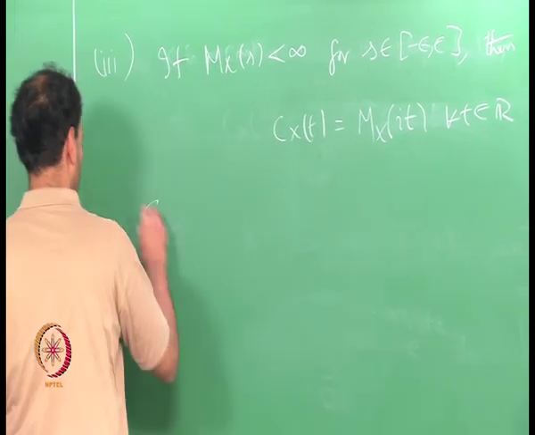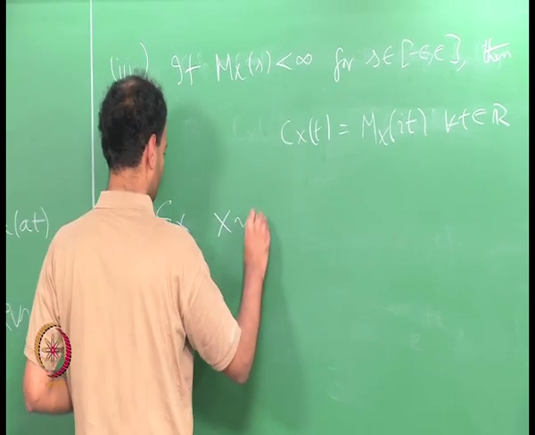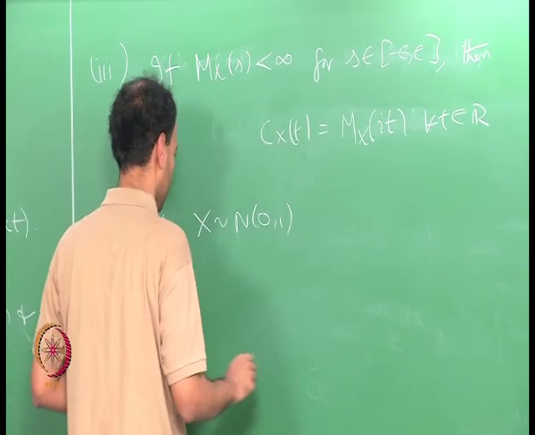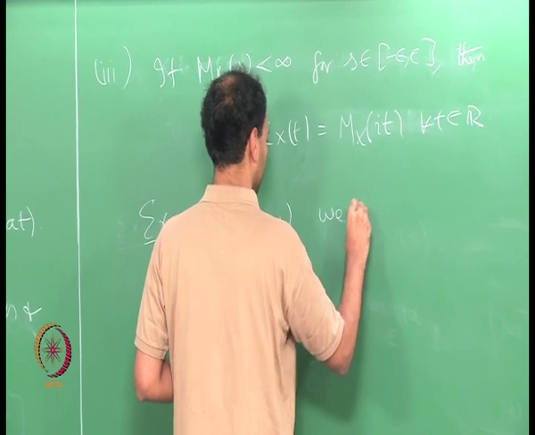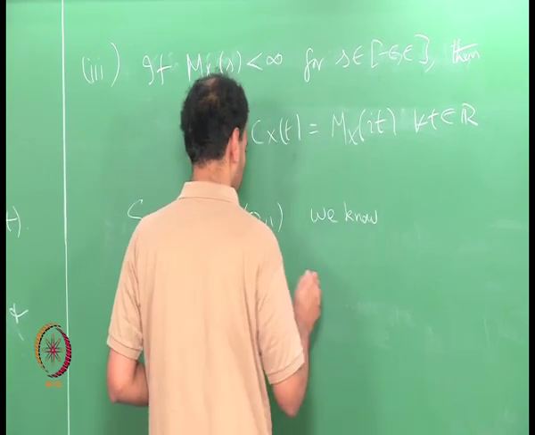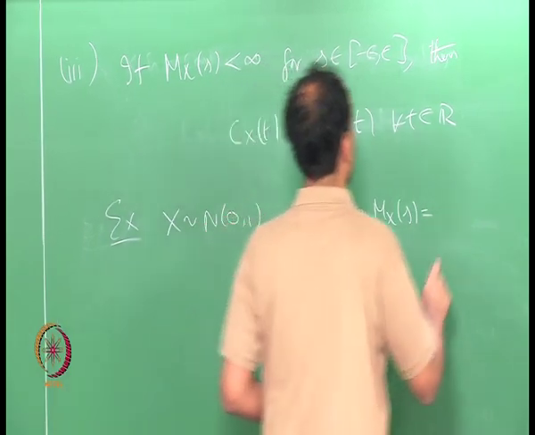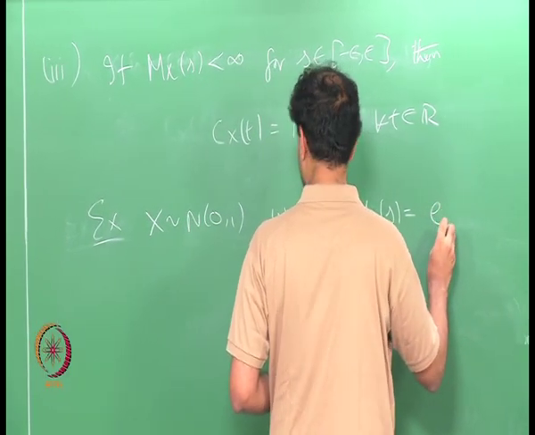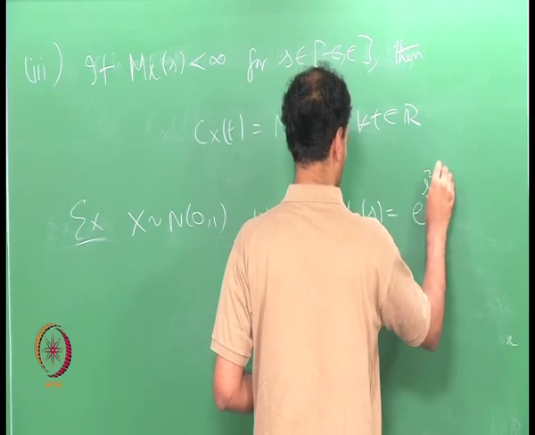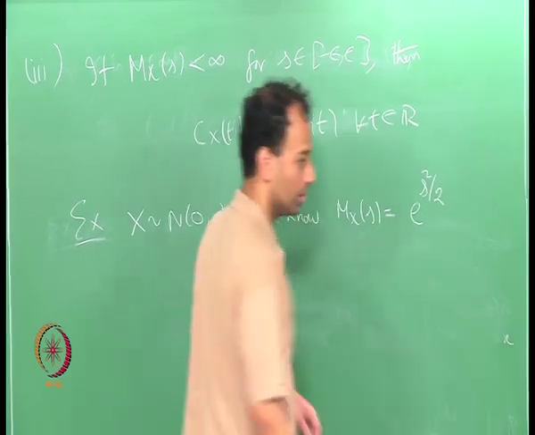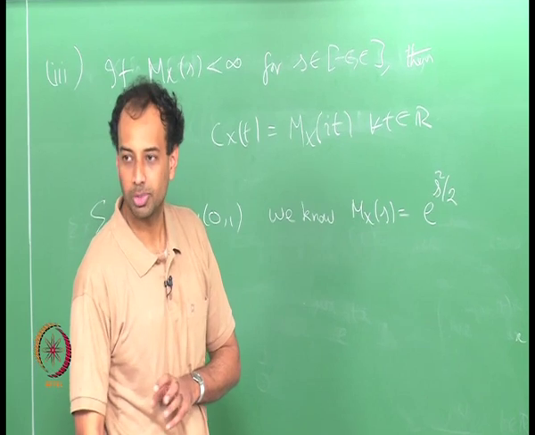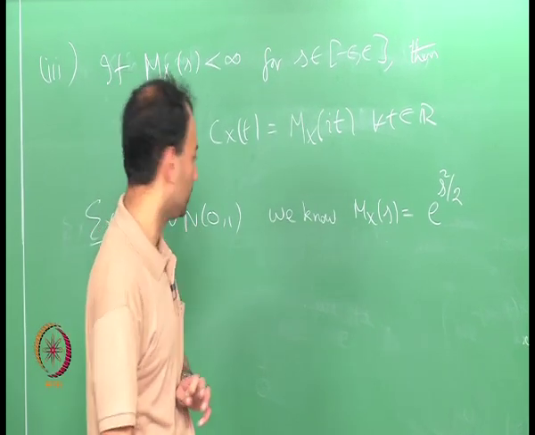So, if you have X is normal (0,1), we know m_X(s) equals e power s squared over 2, and this is true for all s in the complex plane, right.